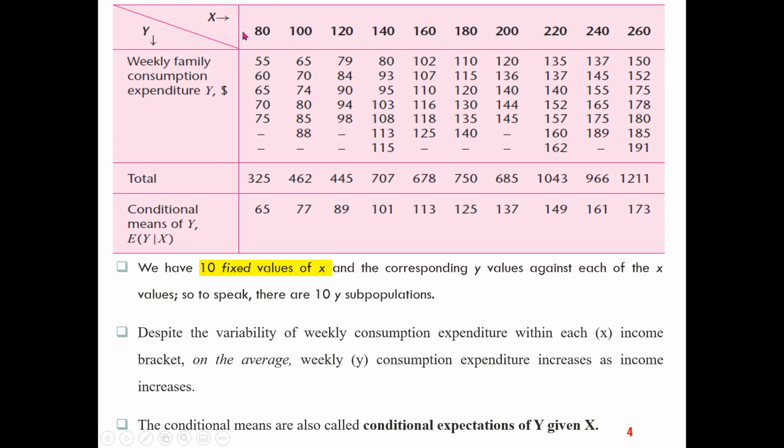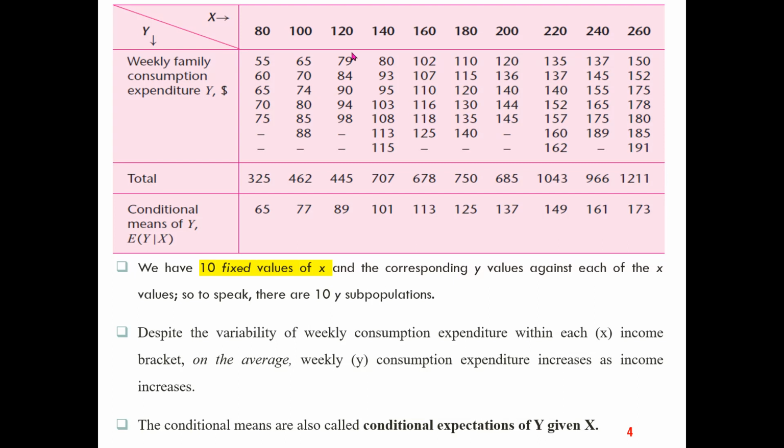So this is a family whose income is 80, another family whose income is 100, and so on. But now let me, step by step, try to build the concept related to the population regression function.